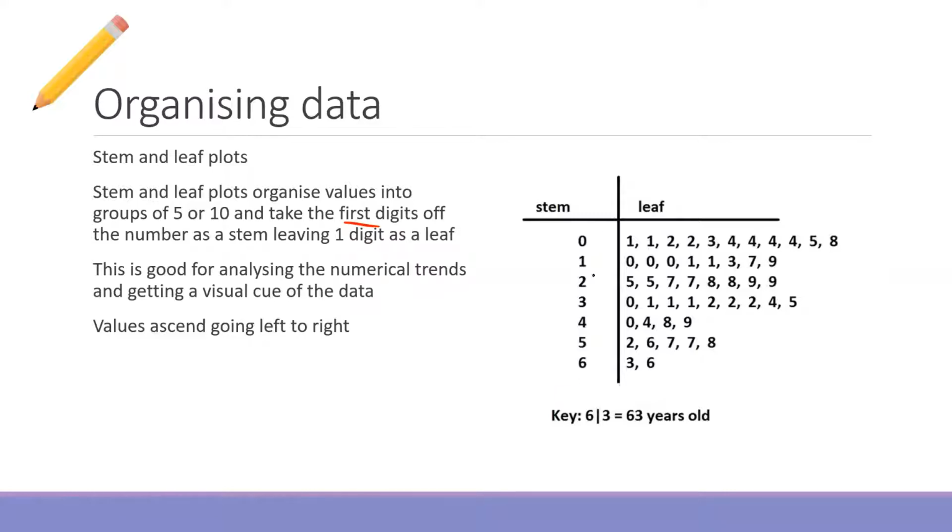So, for example, this number here is not 5, it's actually 25. You take the 2 and you put it in front of the 5. What's really good about it is because it's all organized, you can use this quite easily to find the median, you can use this quite easily to find the lower and upper quartiles, and so on and so forth. So these are a quick and easy way to organize information.